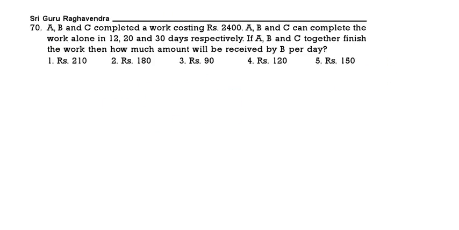Next question. A, B, C completed a work costing 2400. A, B, C can complete the work alone in 12, 20, 30 days respectively. If A, B, C together finish the work, how much amount will B receive per day? Now here we first take the LCM of 12, 20, 30, that is 60.